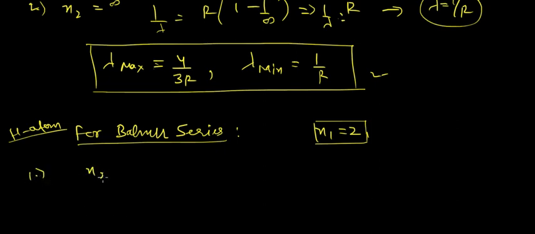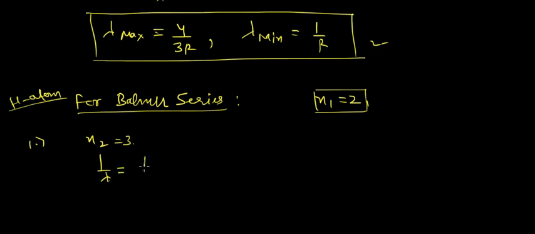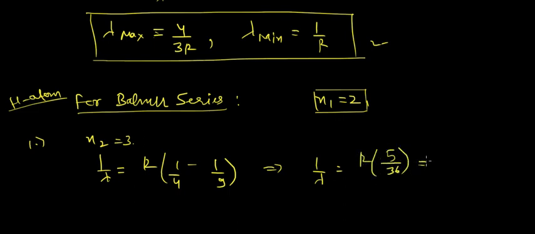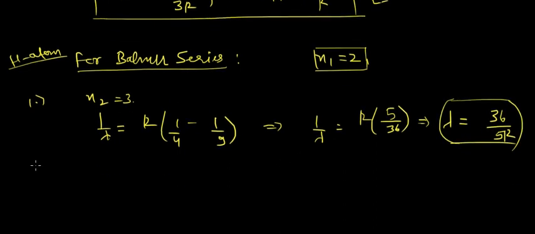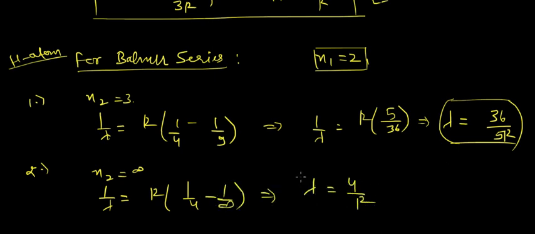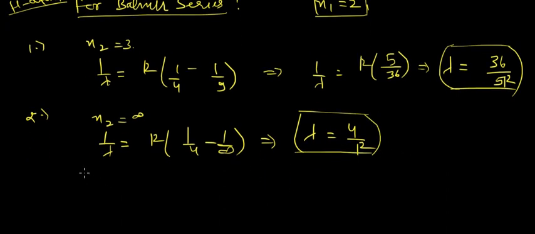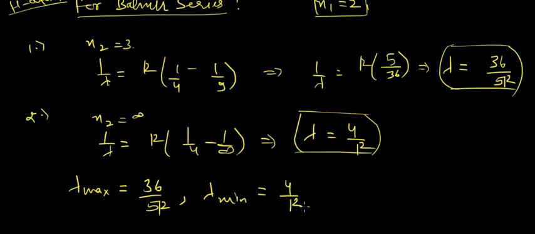First let's look at n2 equals 3. Then 1 upon lambda equals R Z square times 1 upon 4 minus 1 upon 9, hence 1 upon lambda is R times 5 upon 36, which implies lambda is 36 upon 5R. Next, for n2 equals infinity, 1 upon lambda would be R times 1 upon 4 minus 1 upon infinity, which gives lambda equals 4 upon R. Hence lambda max would be 36 upon 5R and lambda min would be 4 upon R.